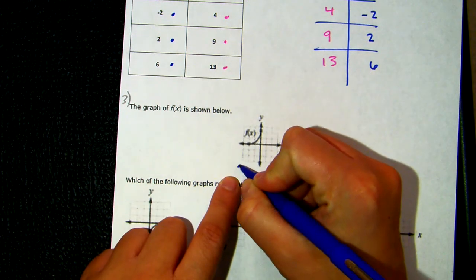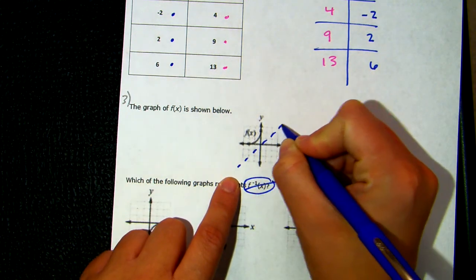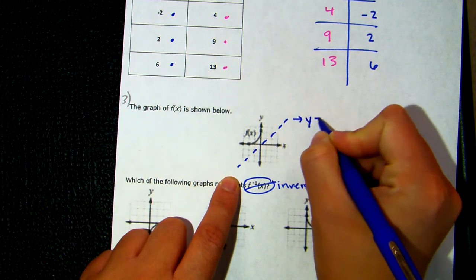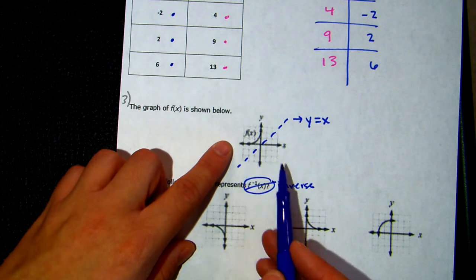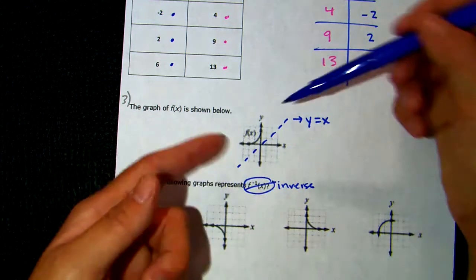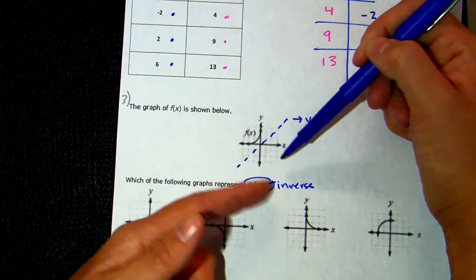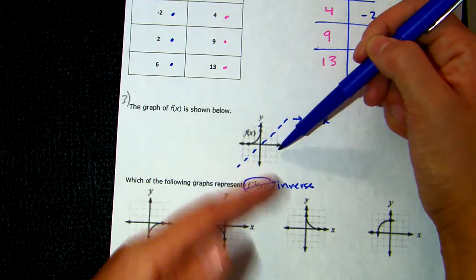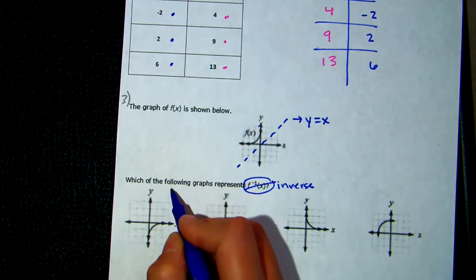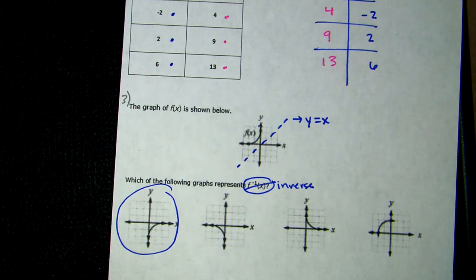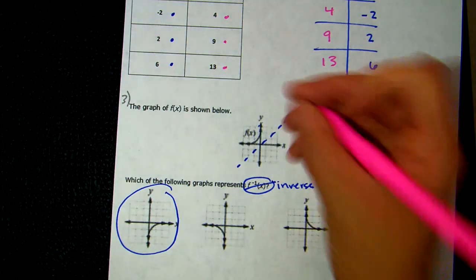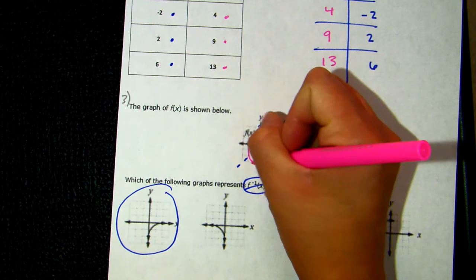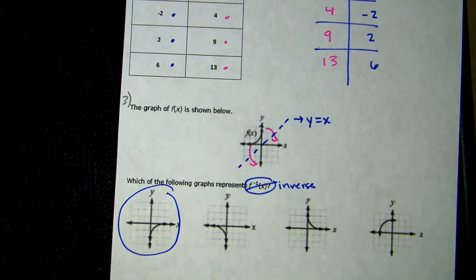The line y equals x is this diagonal line here. So that's our line y equals x, and we're trying to flip across that line. Okay? So if we flip across the line y equals x, your answer here is going to be this one. Because we're flipping across that line. We're going this way. So this one is your answer.